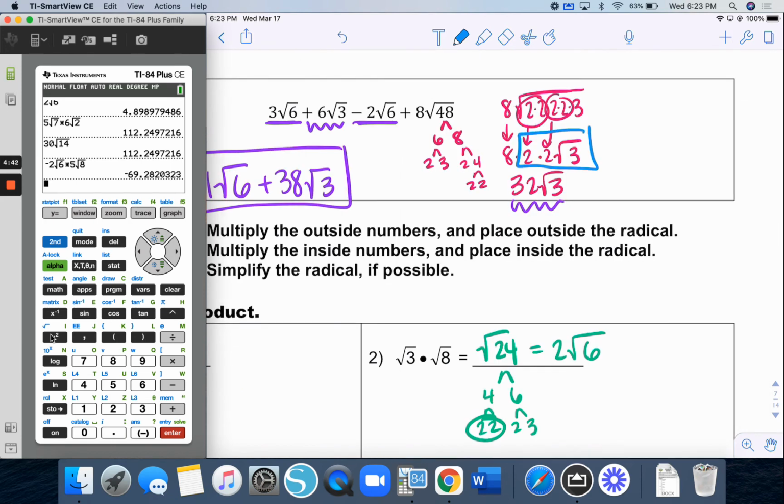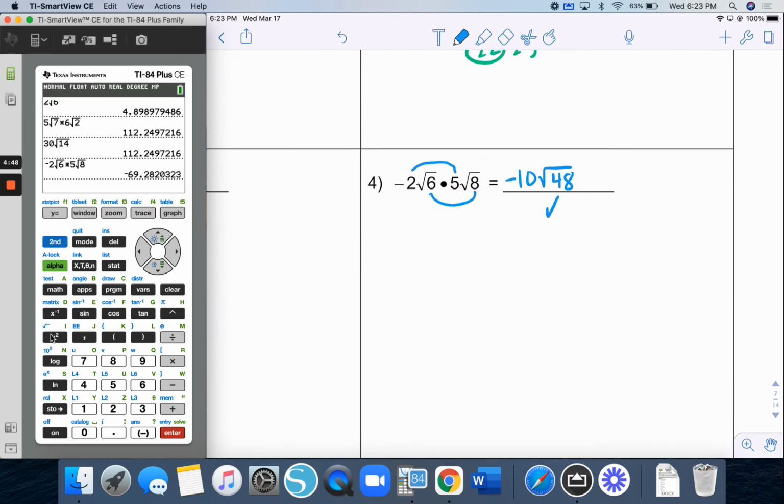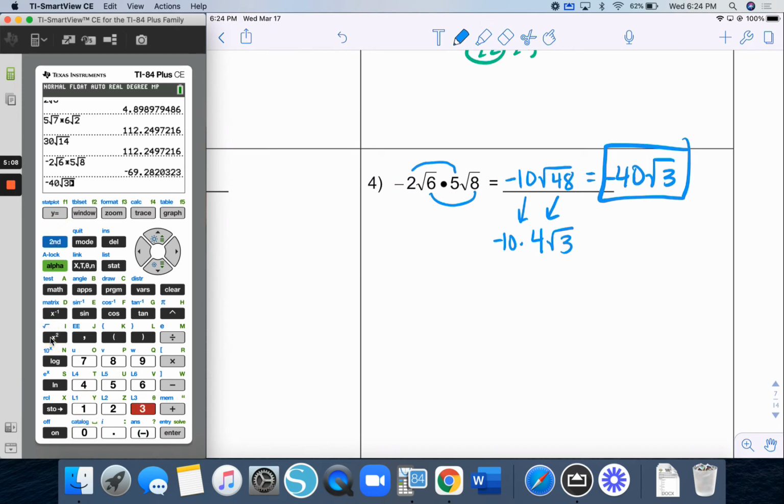This was our breakdown of 48 from earlier. So 48, we're going to take out a 4 and leave in a 3, and we had a negative 10 out front. So that simplifies to negative 40 square roots of 3. So make sure you're always checking to see if what you've multiplied inside of the square roots can be broken down. Now, double check, same ugly decimal.